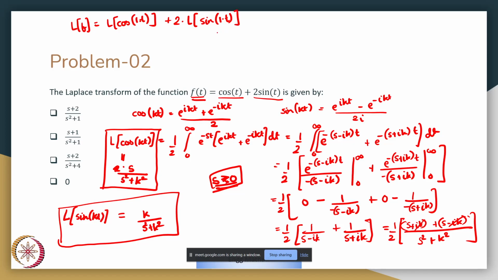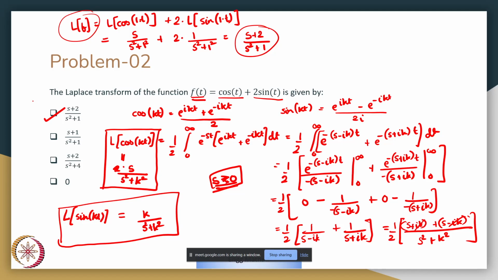So basically k is 1 here for both cos and sine terms, which would give us s upon s square plus 1 square plus twice of 1 upon s square plus 1 square, which is nothing but s plus 2 upon s square plus 1. This is the Laplace transform of f of t, s plus 2 upon s square plus 1, which is option number 8. Option A, rather.